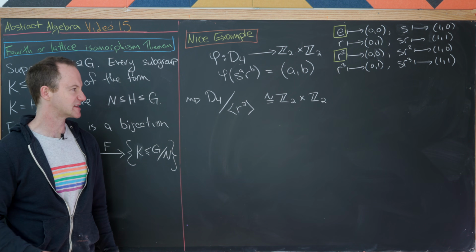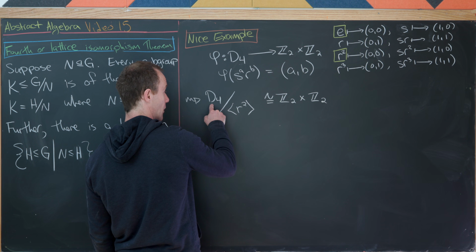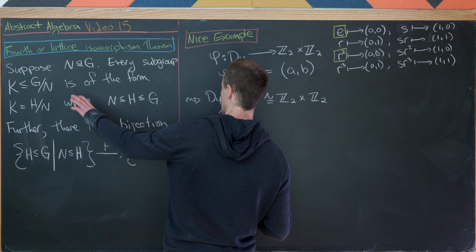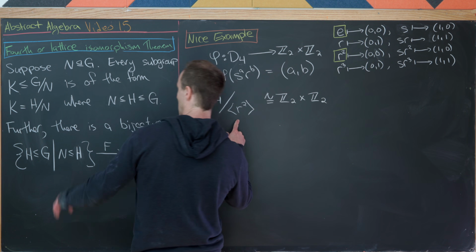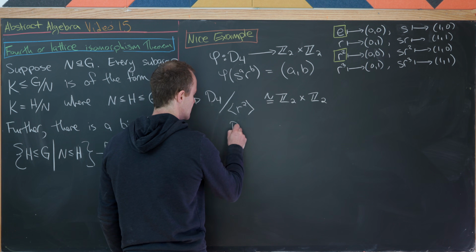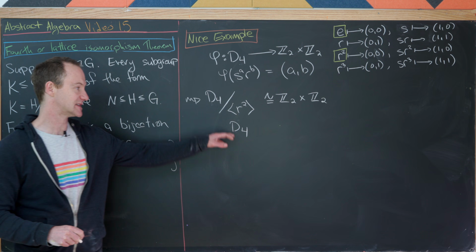Okay, so now let's make a subgroup lattice of this thing right here. Well, D4, and then we'll apply this rule over here to D4 and the cyclic subgroup generated by R squared, where that is taken to be our N. Okay, so let's put D4 up top, and then notice that it has 8 elements.